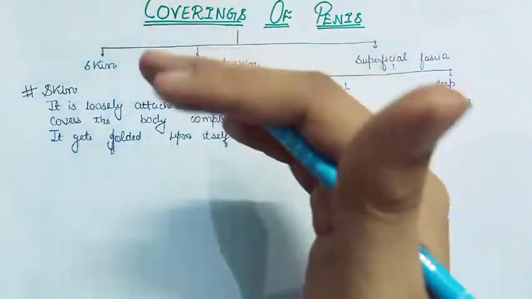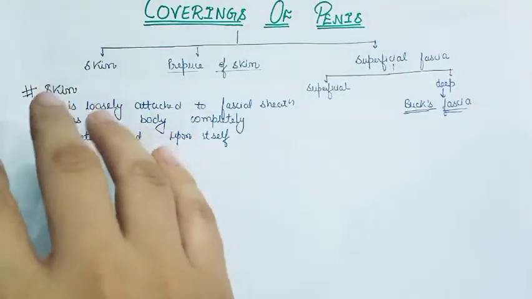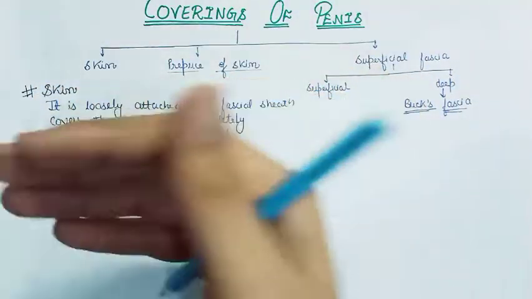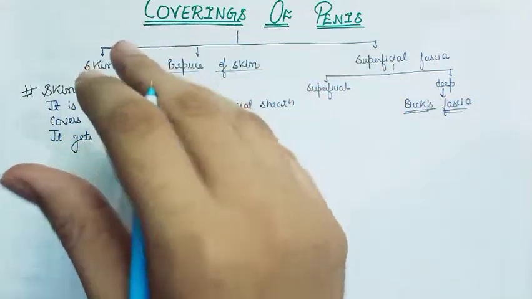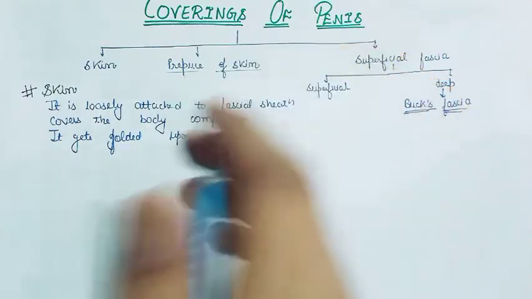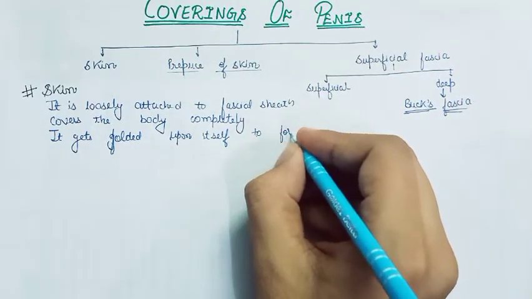So the coverings consist broadly of two, skin and the superficial fascia, but many books refer to the coverings like this because the prepuce is present in a different region where the skin is getting modified into a different structure. It gets folded upon itself to form the prepuce.